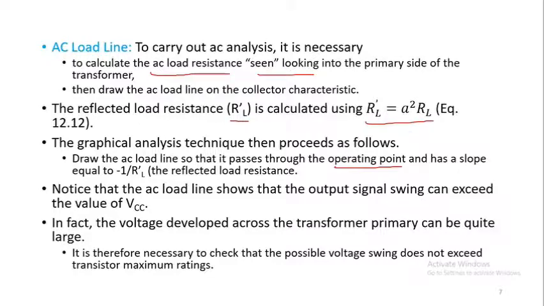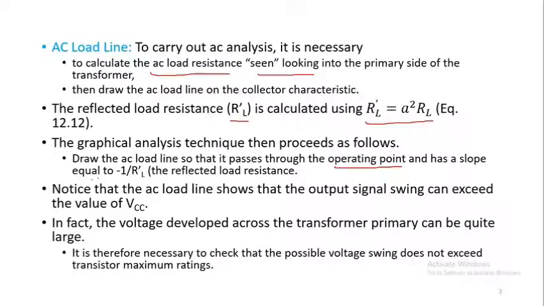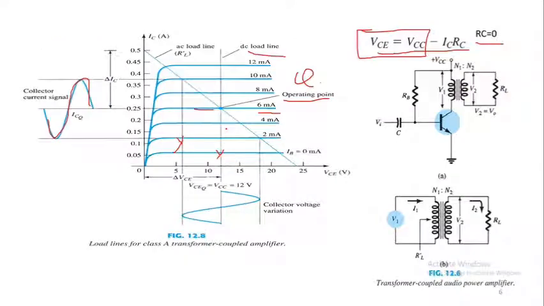Operating point means DC Q point जो हमने ये determine किया था, and has a slope equal to -1/RL prime, that is the reflected load resistance. मीन्स आप अगर RL prime फाइंड करें और उसके बाद एक AC लोड लाइन जो इस Q पॉइंट से पास करेगी और उसकी स्लोप होगी -1/RL prime। तो if you draw that line with that slope and which passes through this Q point, that will be our AC load line.